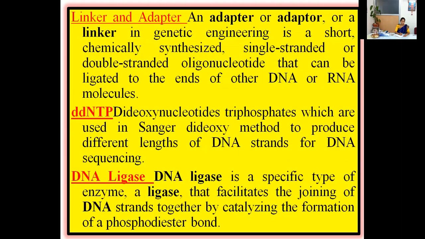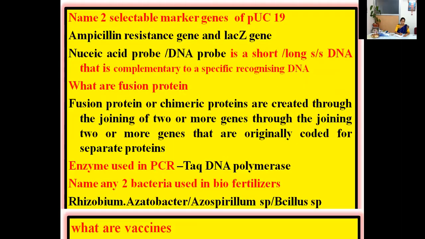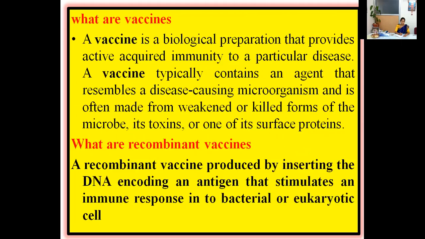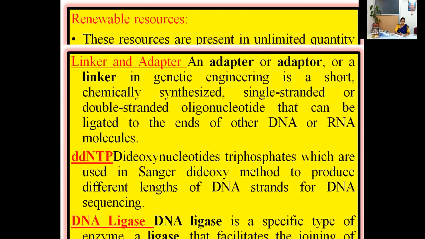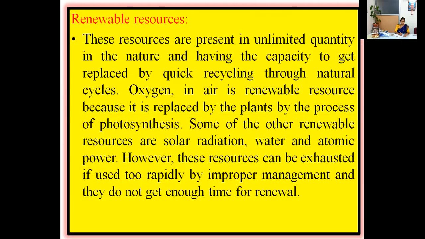Now renewable resources. These resources are present in unlimited quantity. In the previous slide we went through the non-renewable ones, now this is renewable. Renewable resources are present in unlimited quantity in nature and have the capacity to be replaced by quick recycling through natural cycles.